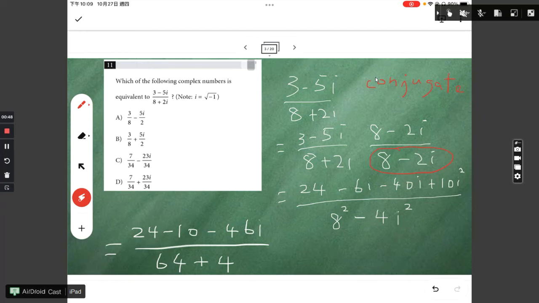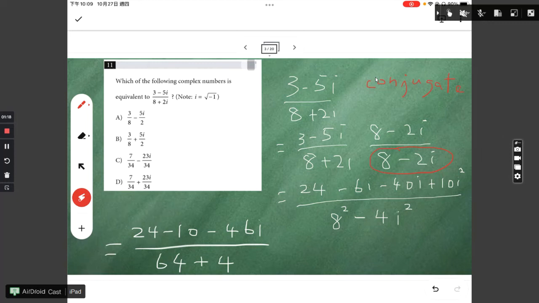All right. And the way to do it is we are going to multiply this number by a special fraction that is made up of its conjugate. So the terminology: 8 plus 2i is a complex number, and we ask, what is this number's conjugate? The conjugate of 8 plus 2i is 8 minus 2i.